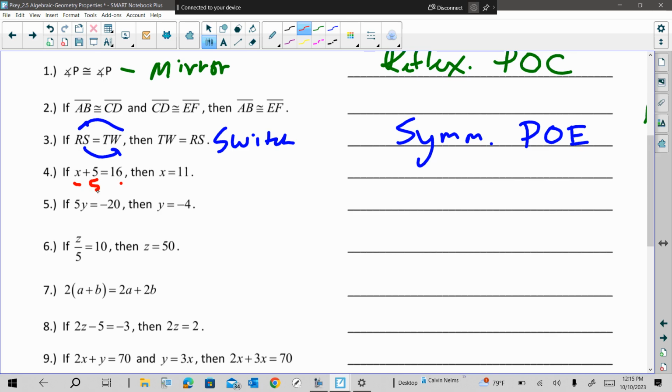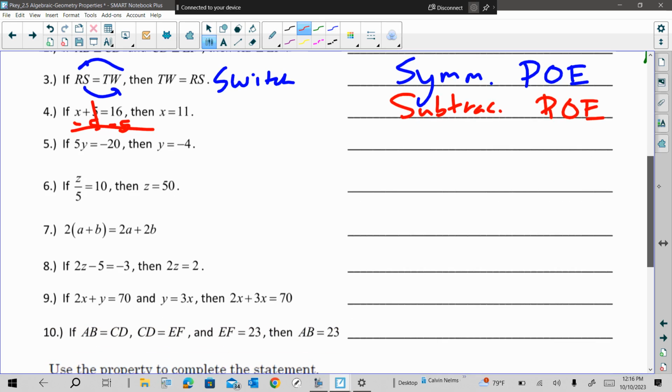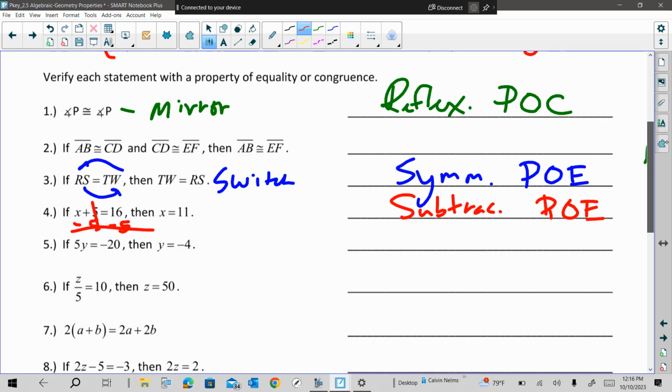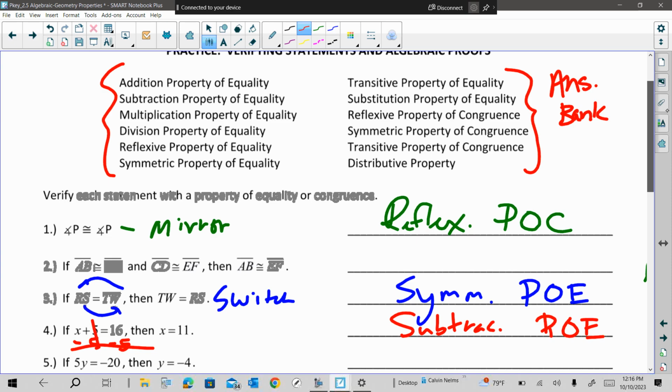Yeah, since we have to use subtraction to get x equals 11, this would be subtraction property of equality. So if there's an equation, you have to think, what step would I have to take to solve for the variable or to get the next one? So 1 through 10 is using one of the properties above on the top of the page.